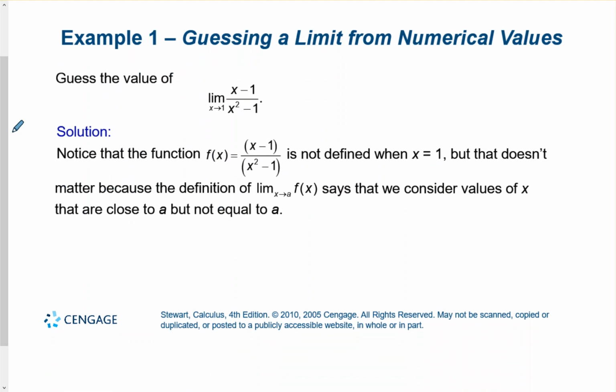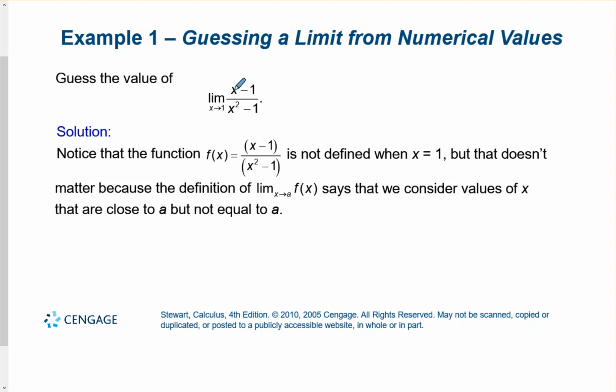Guess the value of the limit as x approaches 1 of x minus 1 over x squared minus 1. One thing to note is that if you were to graph this rational function, the graph would not be defined at x equals 1.